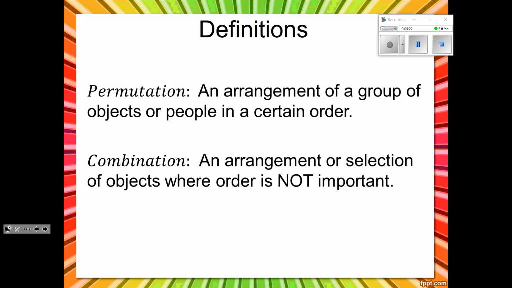Does that make sense? I took a picture of them in one order and then you took them and rearranged them in another position or order. Permutation is an arrangement of a group in a certain order. So I was placing them in a certain position to take the picture, right?